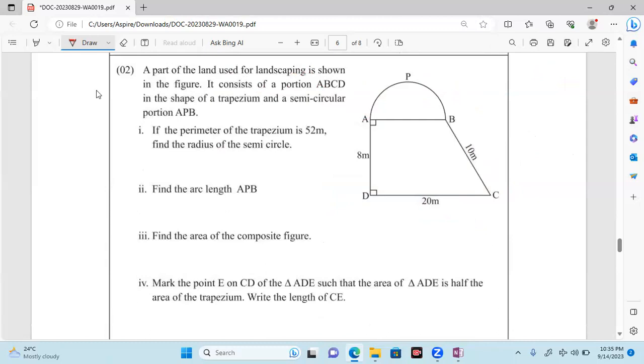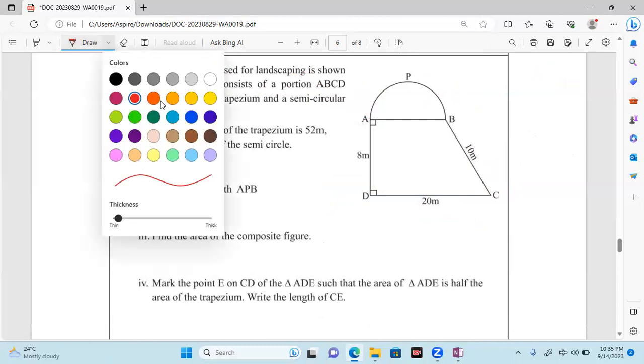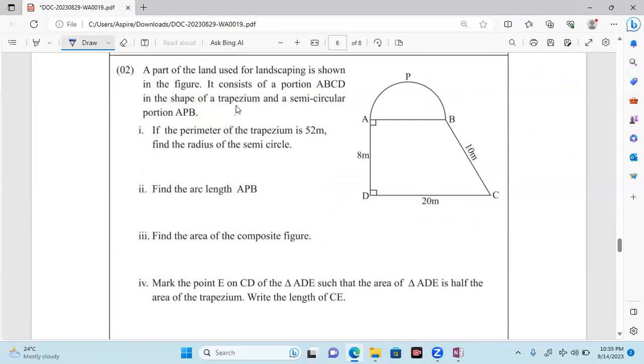Okay, shall we move to the second question? A part of the land used for landscaping is shown in the figure. It consists of a portion ABCD in the shape of a trapezium and a semicircular portion APB. If the perimeter of the trapezium is 52 meters, find the radius of the semicircle.